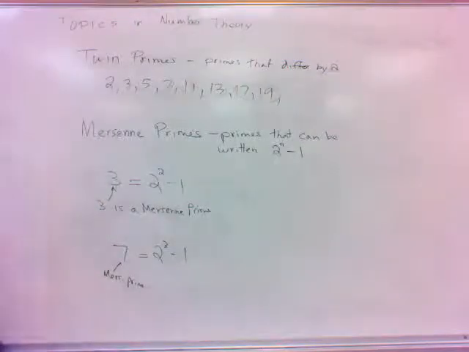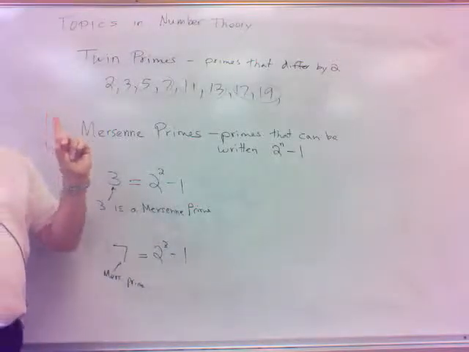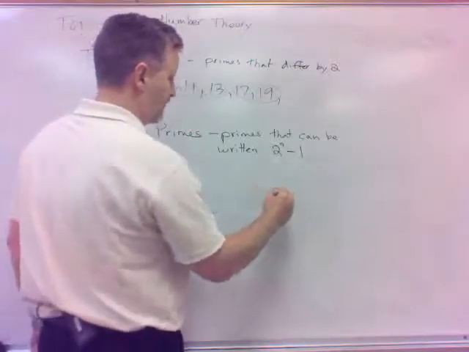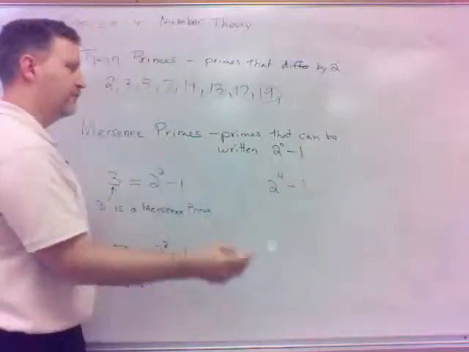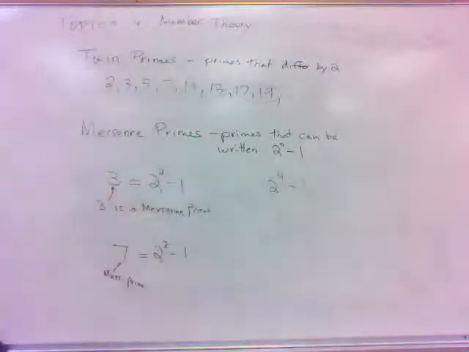So anyway, now here's another thing. What's the next Mersenne prime? Well, you might be thinking, what about 2 to the 4th? But there's a little problem with 2 to the 4th minus 1. 2 to the 4th is 16. 2 times 2 times 2 times 2 gives you 16.